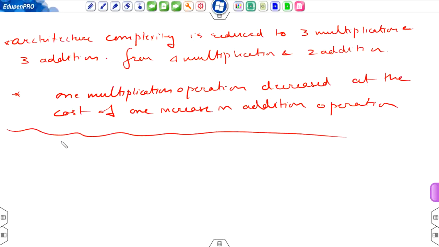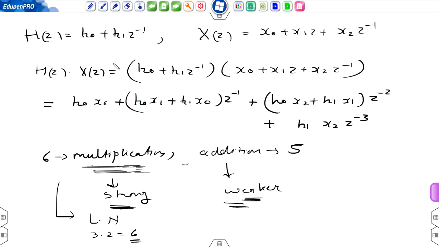So this is the concept of fast convolution that we are going to use. We will try to reduce the multiplication operation. Okay, so this consists of 6 multiplication, this example of convolution, and 5 addition. This operation can be represented in the matrix form, and we will aim to reduce the multiplication operation, and as a result addition operation will increase.